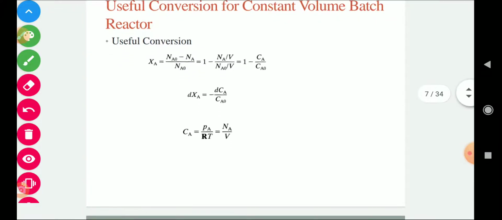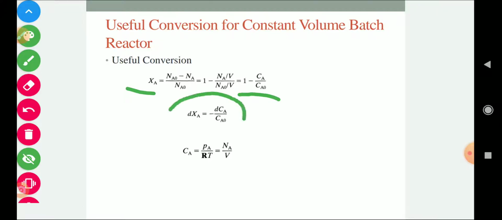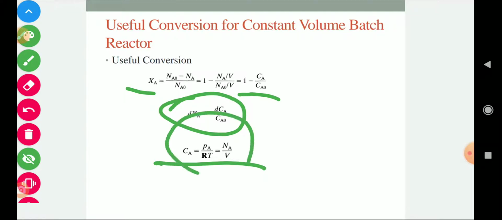So XA will be equal to 1 minus CA upon CA0. And if we differentiate this equation, then dXA will be equal to the differentiation of 1, which is 0, minus dCA upon CA0. Again CA equals PA by RT, or number of moles per unit volume, NA by V.